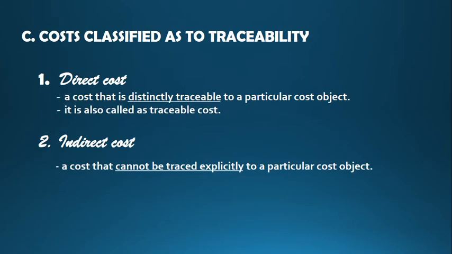We now go to costs classified as to traceability. We have the direct cost and the indirect cost. A direct cost is a cost that is distinctly traceable to a particular cost object. It is also called the traceable cost.